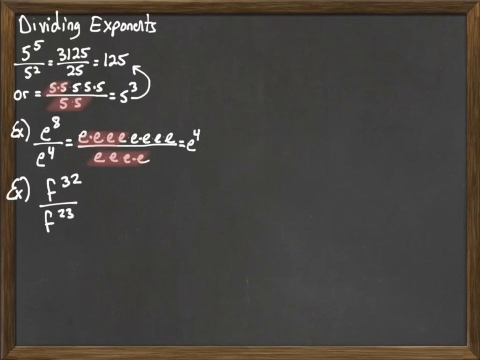But realizing what just happened in the 2 examples above, we know how to handle this. We just need to subtract the number of things in the bottom, take them away, in other words, from the number of things in the top. And so 32 minus 23 would give us f raised to the 9th power.